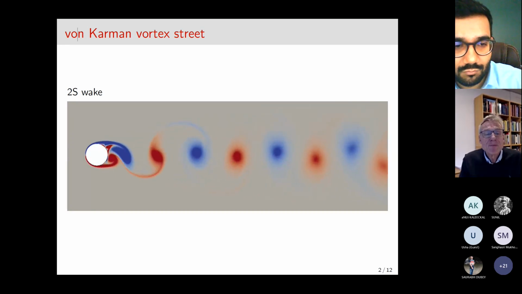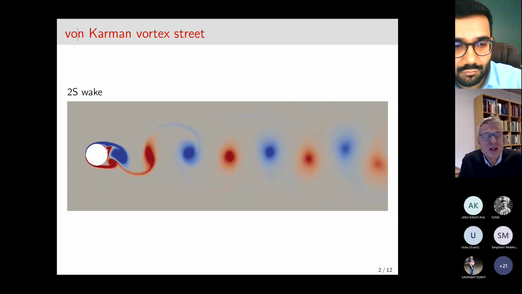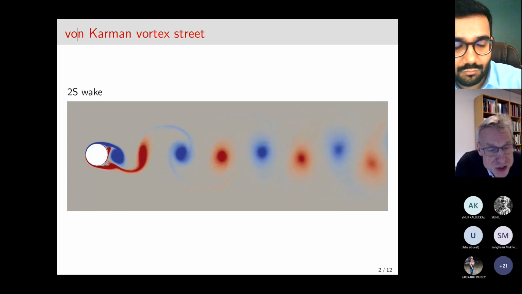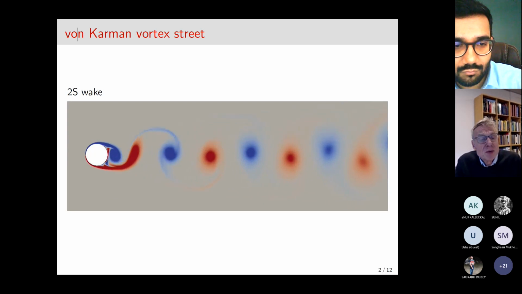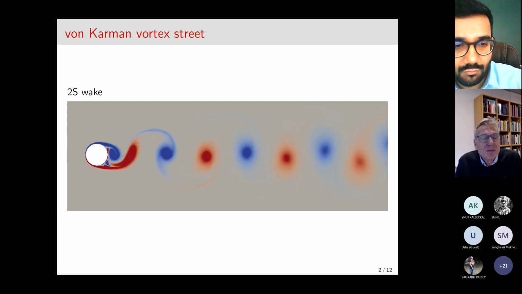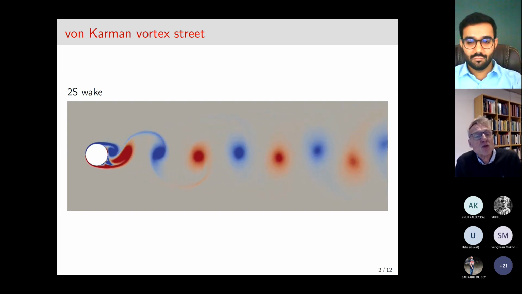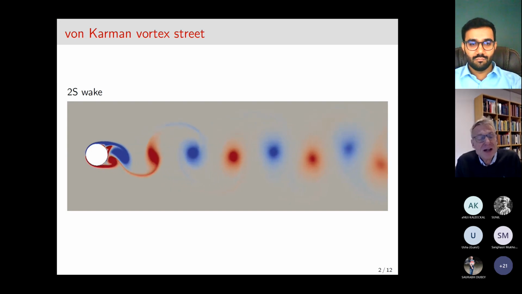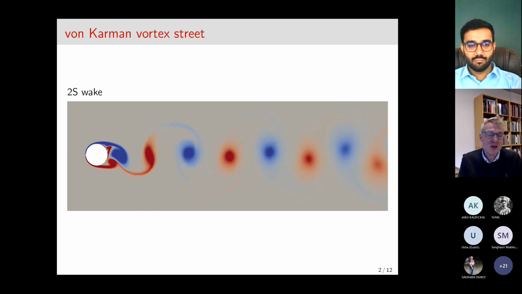This vortex shedding occurs at many Reynolds numbers and many body shapes, not only for cylinders. This is what we will call a 2S wake, because during a cycle, two single vortices are shed, one of positive circulation and one of negative circulation.